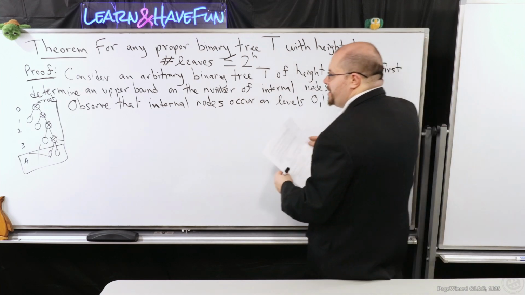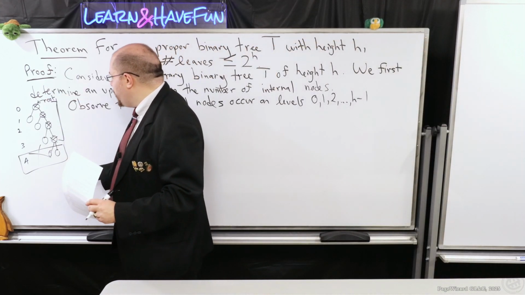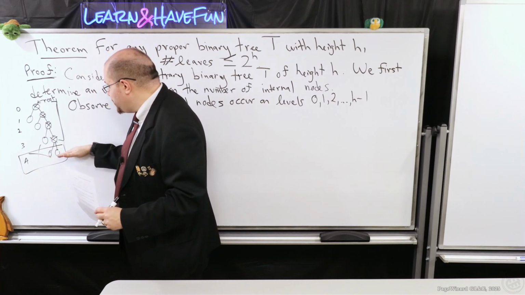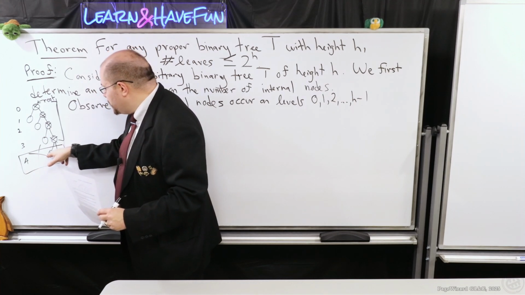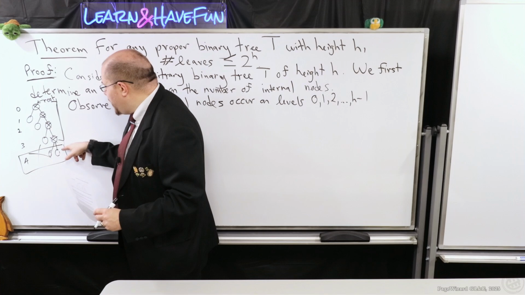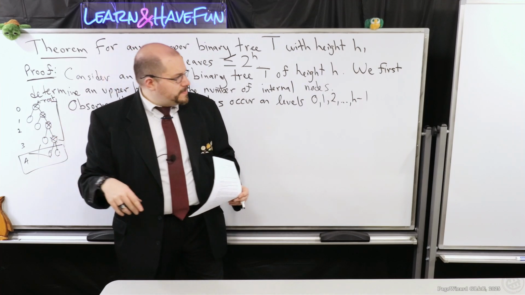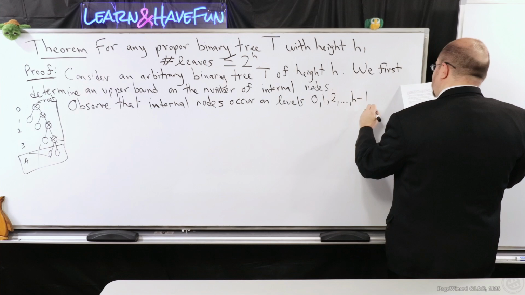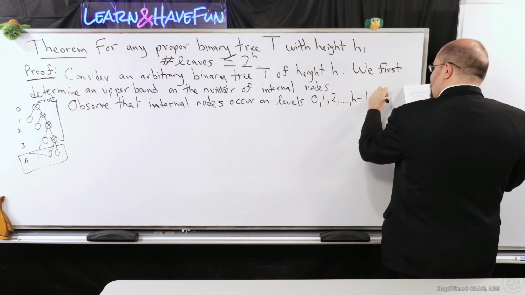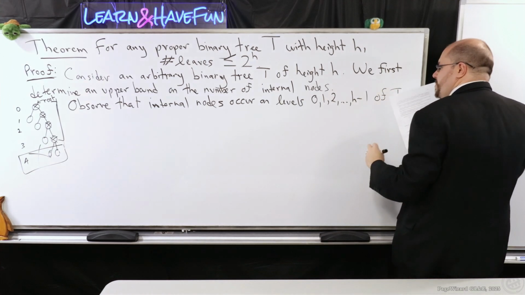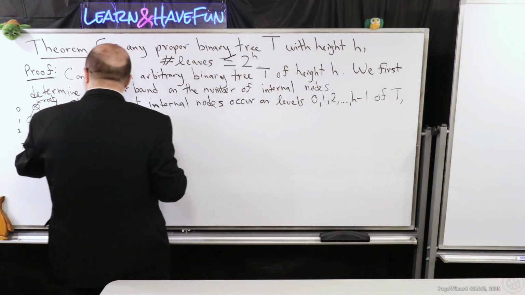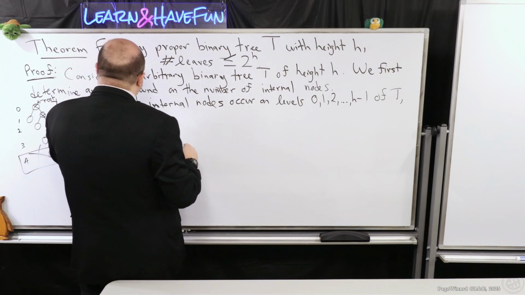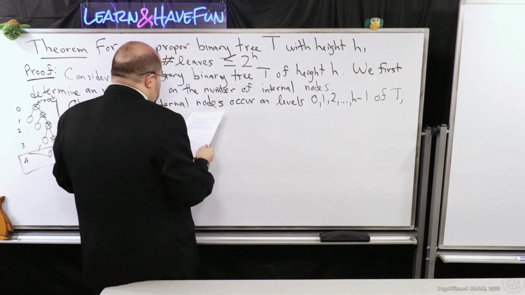So for example, here, this tree has height 4, but notice that the level with maximum depth, for which these nodes have maximum depth, they have 4 ancestors. Internal nodes occur on levels of T, but never on level h. But never on level h.